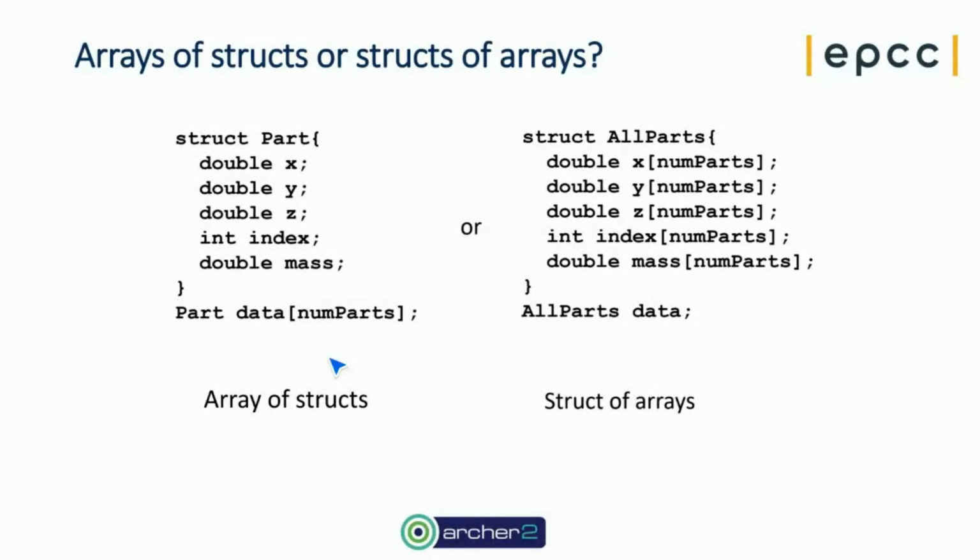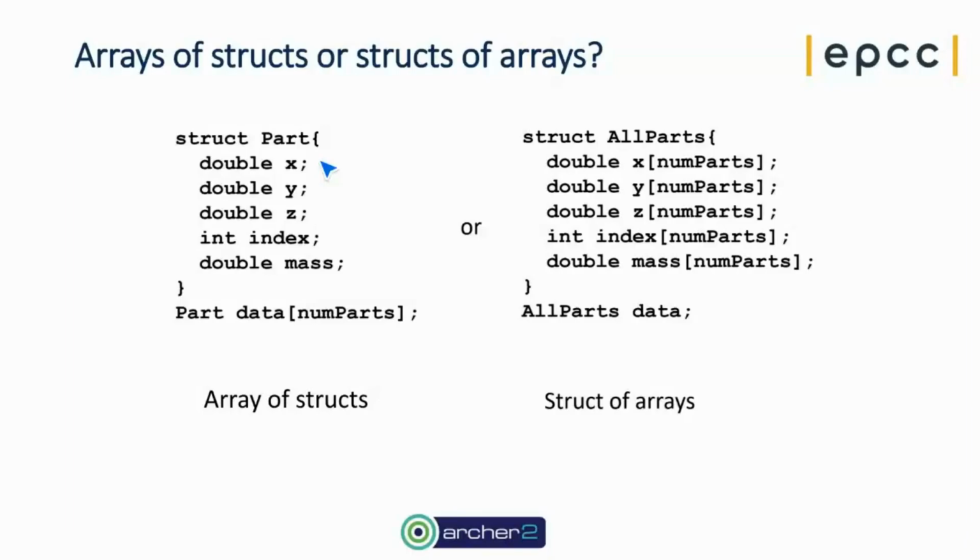If you had something like a struct representing a particle, you might have its x, y, and z positions and an index and a mass, all in the same data structure, and then you would create an array of those structures. So that's the array of structs layout.